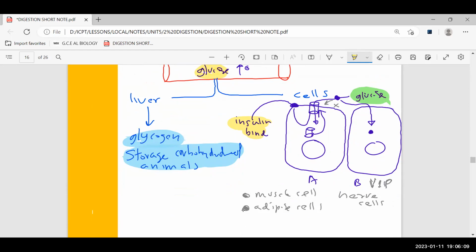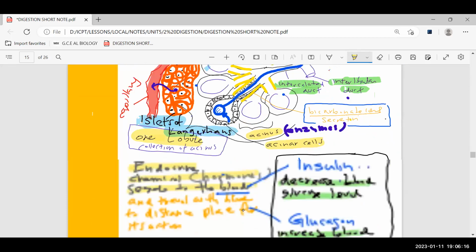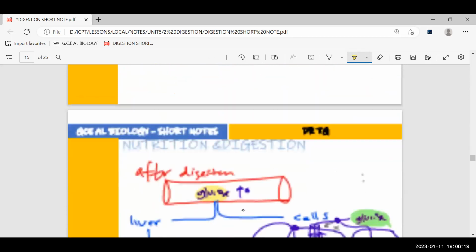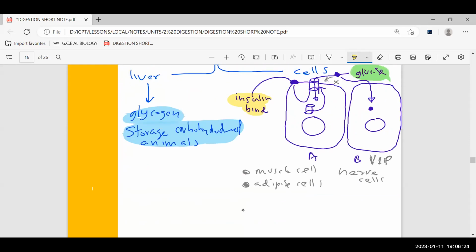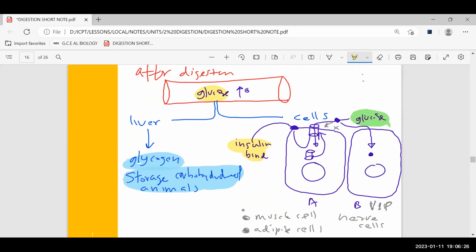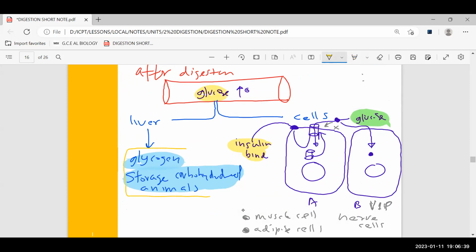Okay, now what is the role of glucagon? Right? So we also learn that glucagon can increase blood glucose level. Right? So just to summarize the insulin action, when the blood glucose level increases after a meal, some of it is stored as glycogen in the liver and some is used by the cells for energy production by cellular respiration.